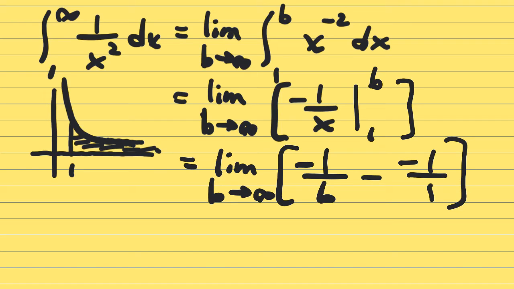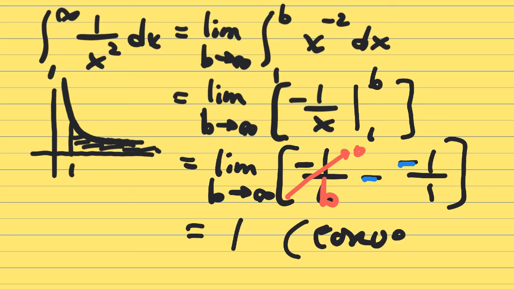For example, if you take a cake, the more pieces you cut it into, the smaller each piece becomes. If this is approaching infinity, then that is going to approach 0. These two negatives are going to make a positive 1. So this has an overall limit of 1. That's a finite value, so we have a convergent improper integral.